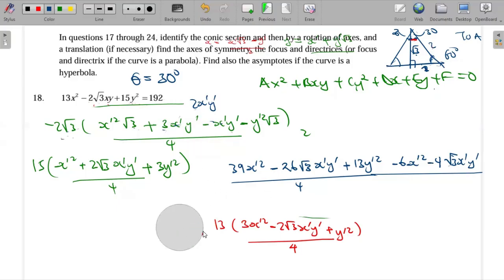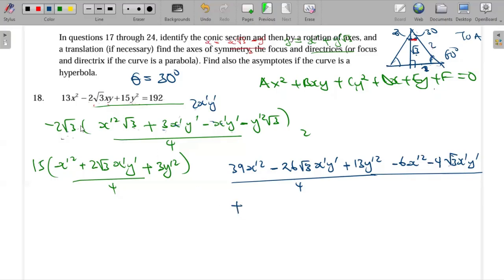So I erase here, and then I'm going to have plus this by that gives us positive, and then 2. So this root 3 goes, then this here gives you 3 by the 2, which gives us 6. So it will be 6 y prime squared. Okay, so this continues and it's over 4, of course.